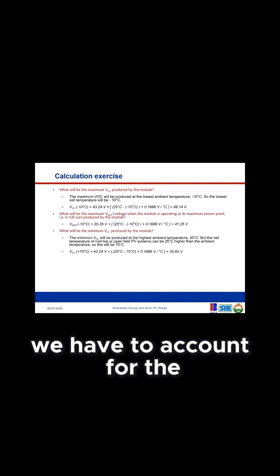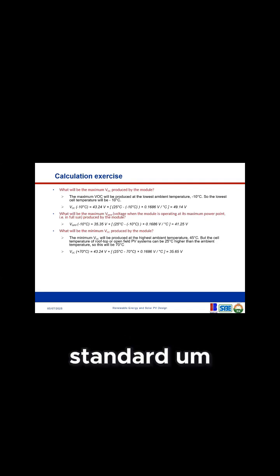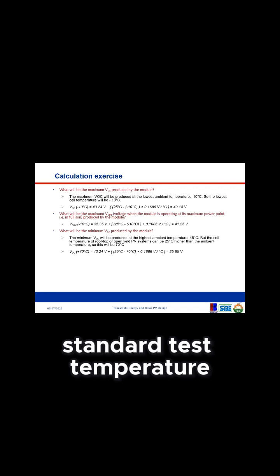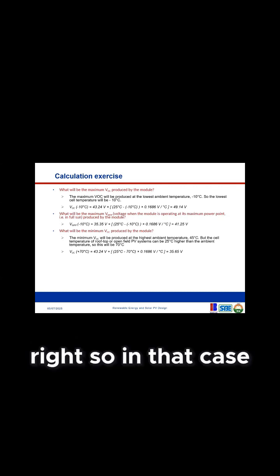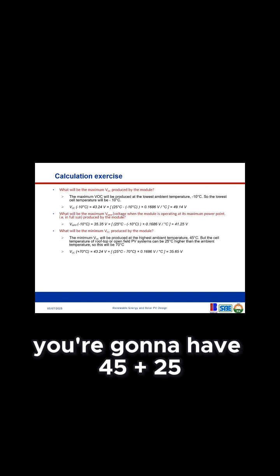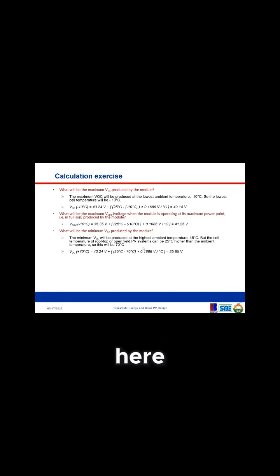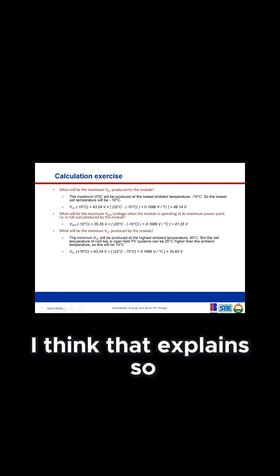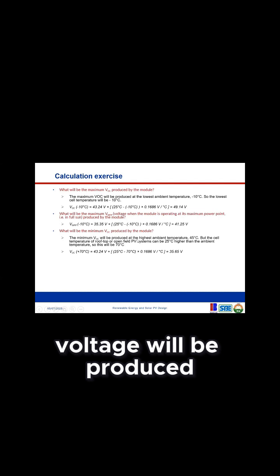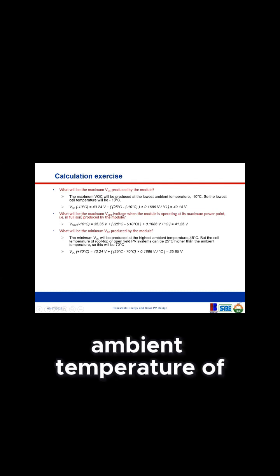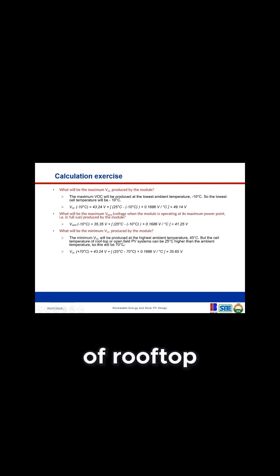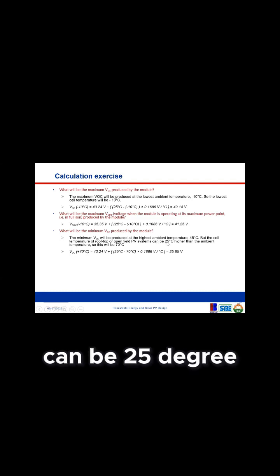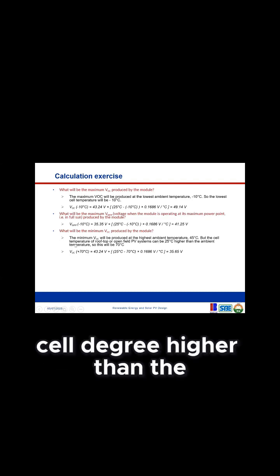In this case, we have to account for the standard test temperature. The temperature was already 25, so it now has to move another 45, right? So you're going to have 45 plus 25. That's how we got 70 degrees here. So the minimum open circuit voltage will be produced at the highest ambient temperature of 45 degrees centigrade, but the cell temperature of a rooftop or open field PV system can be 25 degrees centigrade higher than the ambient temperature.